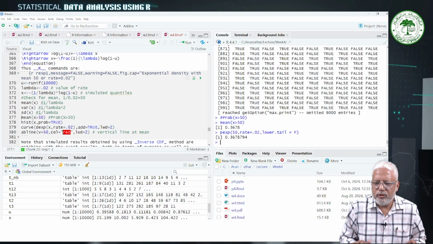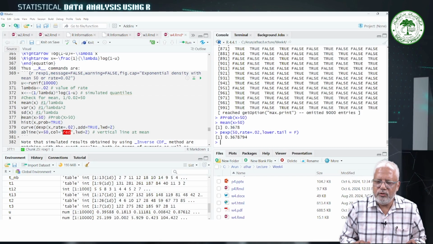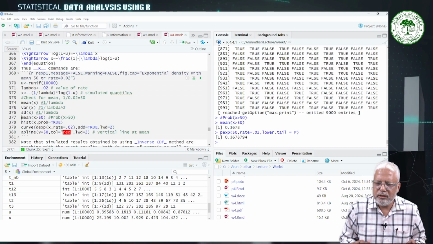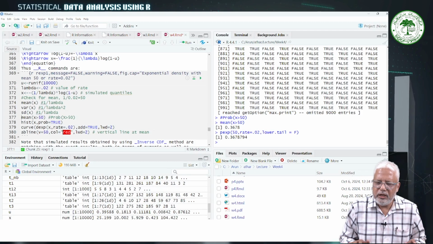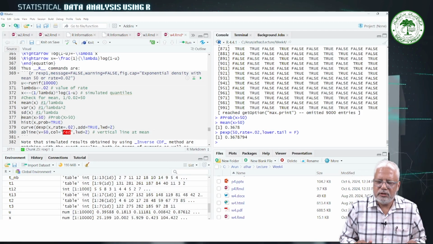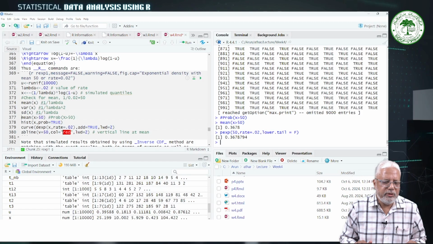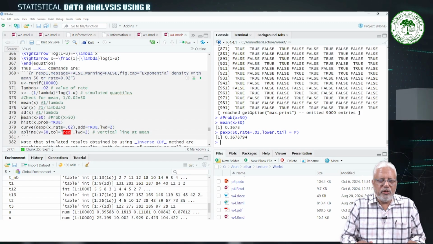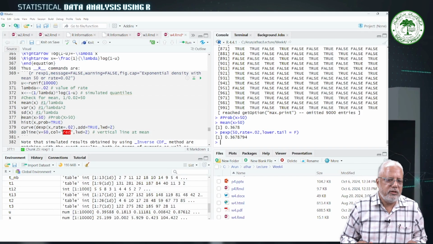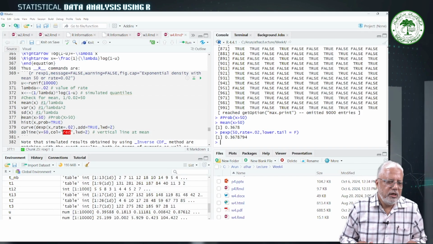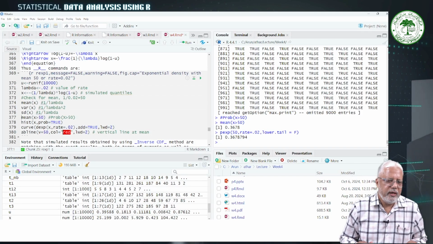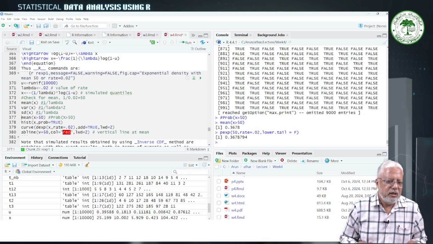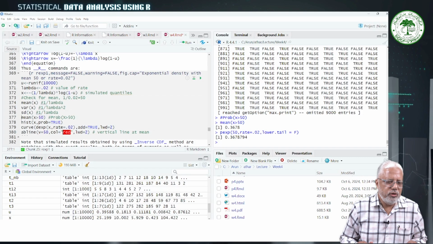So this is the exact value, 0.3678, and on the basis of simulation it is also about 0.3678. So both are matching. That means the simulation method we have implemented is correct, and that is based on the inverse CDF method.